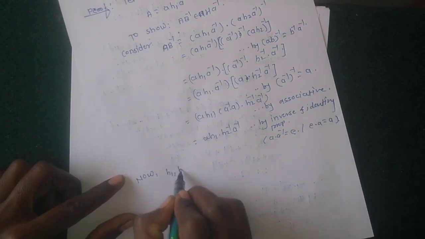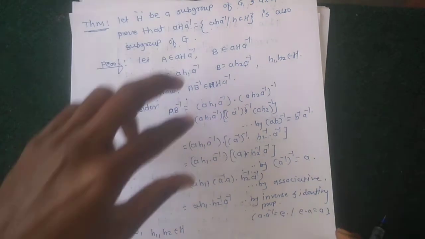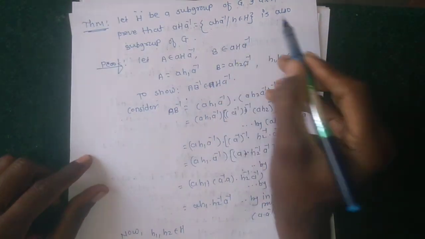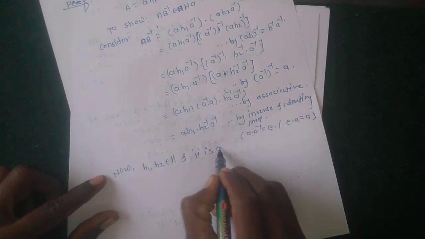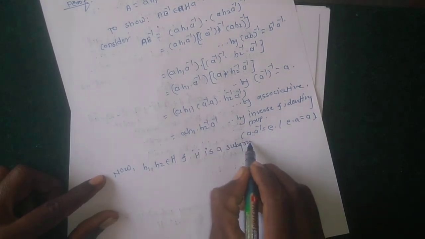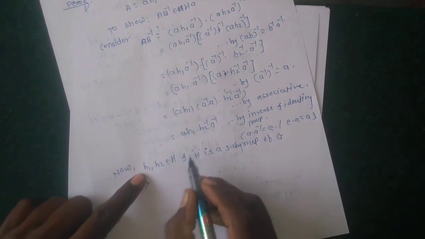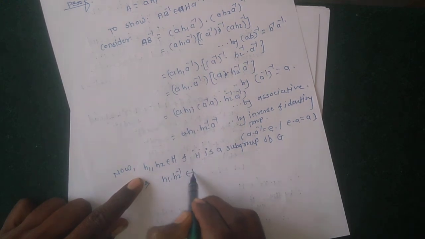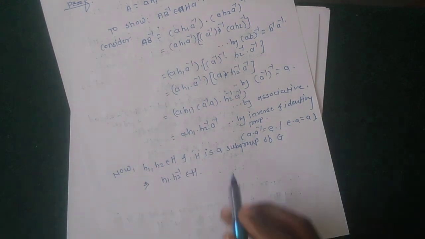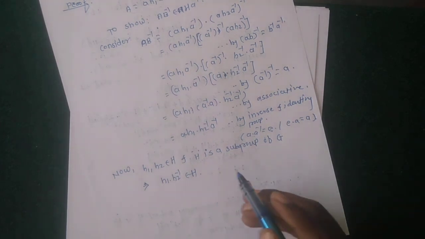Here H1 and H2 are elements of the set H, and H is a subgroup of G, which implies that H satisfies the property that H1 into H2 inverse belongs to H, because H is a subgroup by theorem.